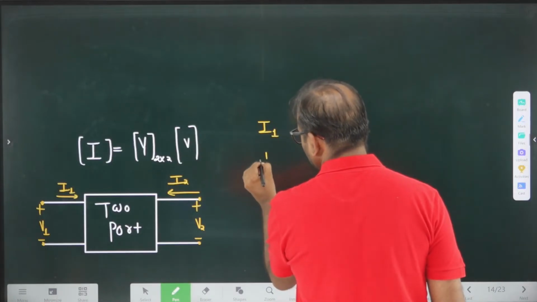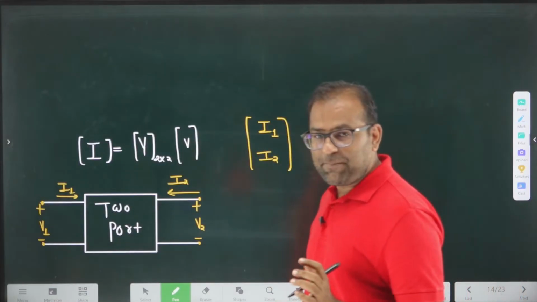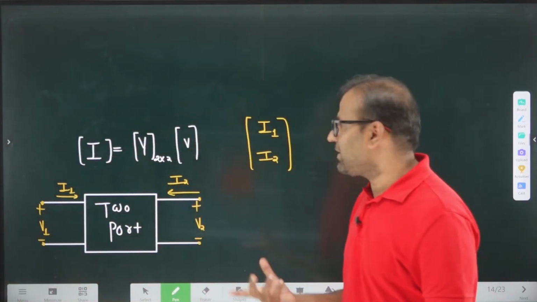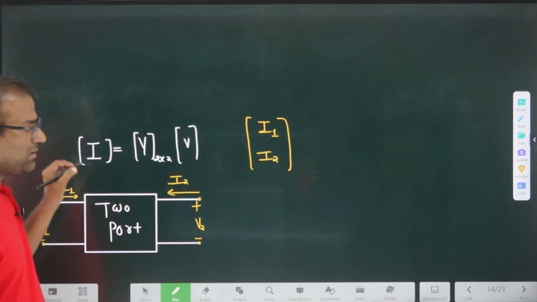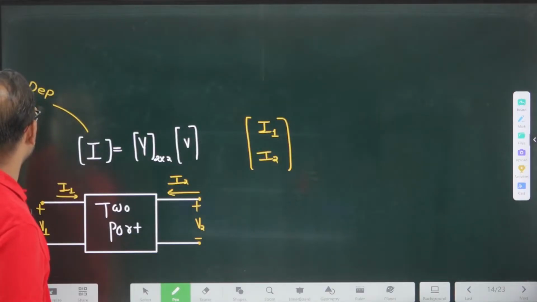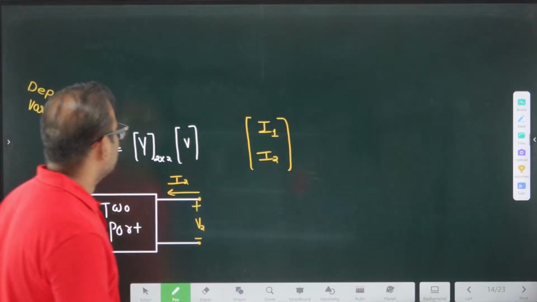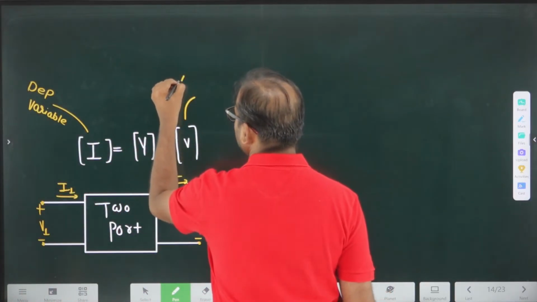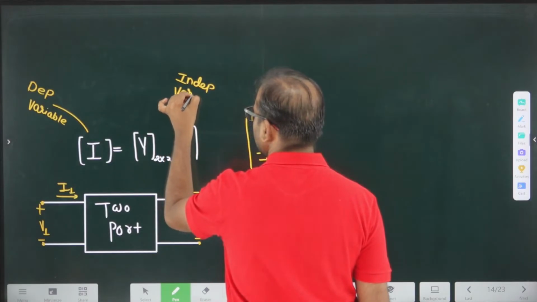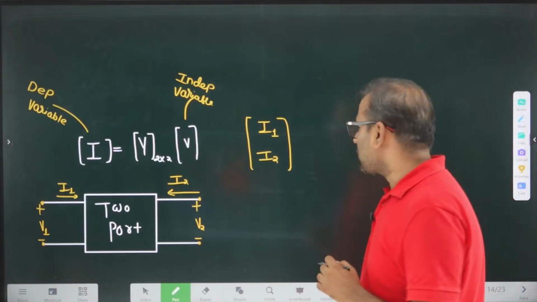So for this orientation of current and voltages, we have I1, I2. Always remember, in a two port network, current is known as the dependent variable, and voltage is known as the independent variable. Means you can apply a short circuited input and a short circuited output.